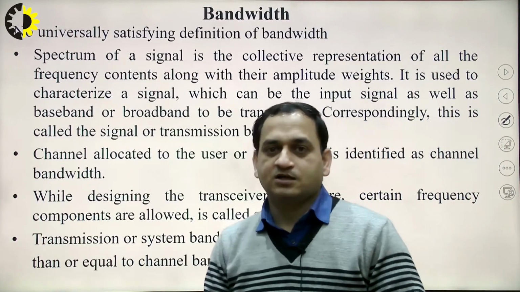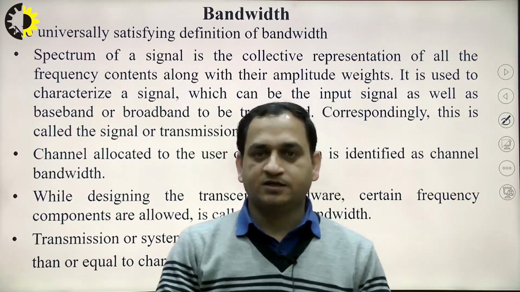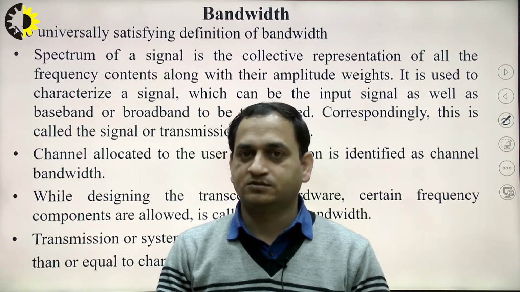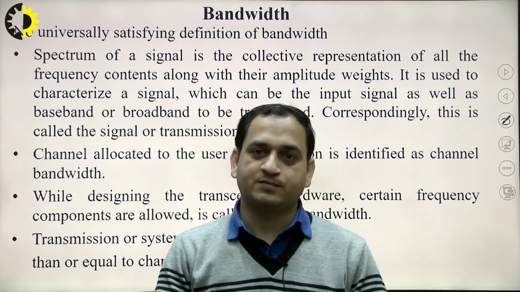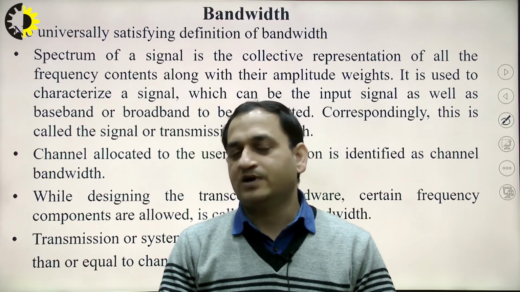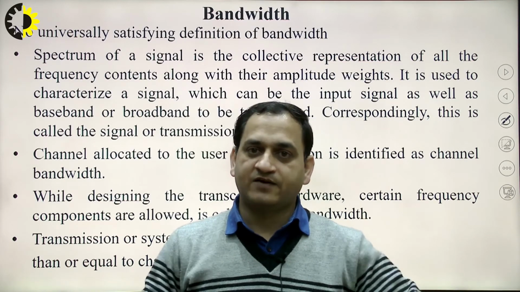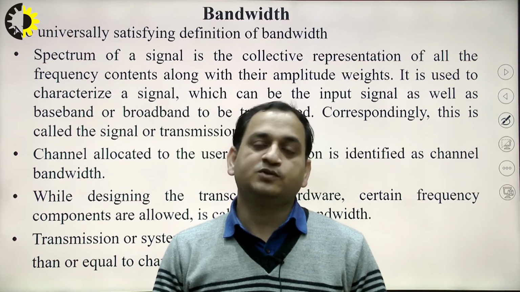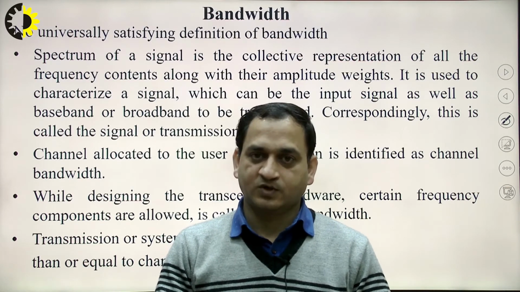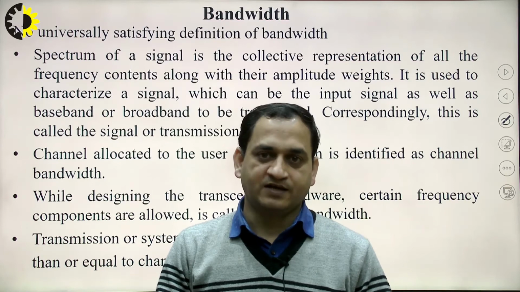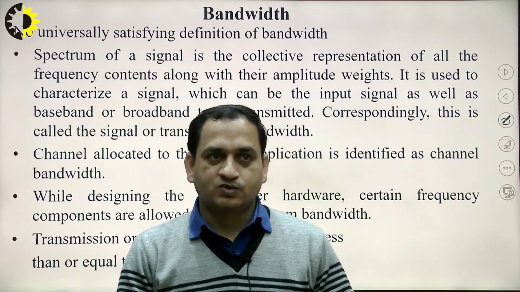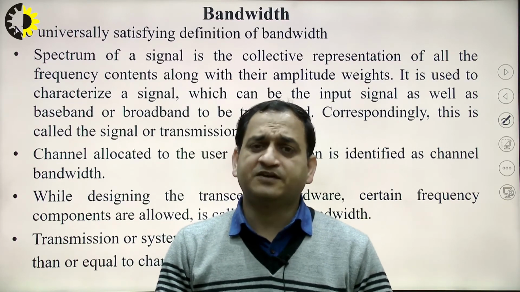Now, next is another very important point in the block diagram of wireless communication, that is the bandwidth. So, as we know, whatever bandwidth resources are available with us, we have to utilize those resources. Okay. So, one of the resources which we have is the bandwidth. So, what is the basic definition of the bandwidth?